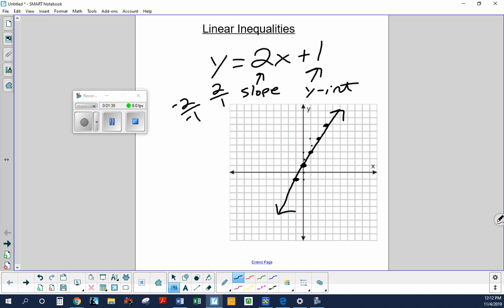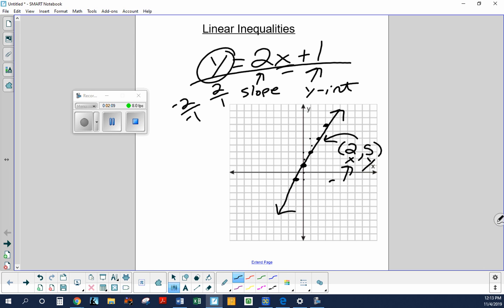Just to reiterate what this means, this line shows you all the places where the y value is equal to 2 times the x value plus 1. To put it in perspective, let's take a random point. If we look at this point right here, that point is 2, then 1, 2, 3, 4, 5. My x is 2, my y is 5. This equation says that y should be the same as 2 times x plus 1.